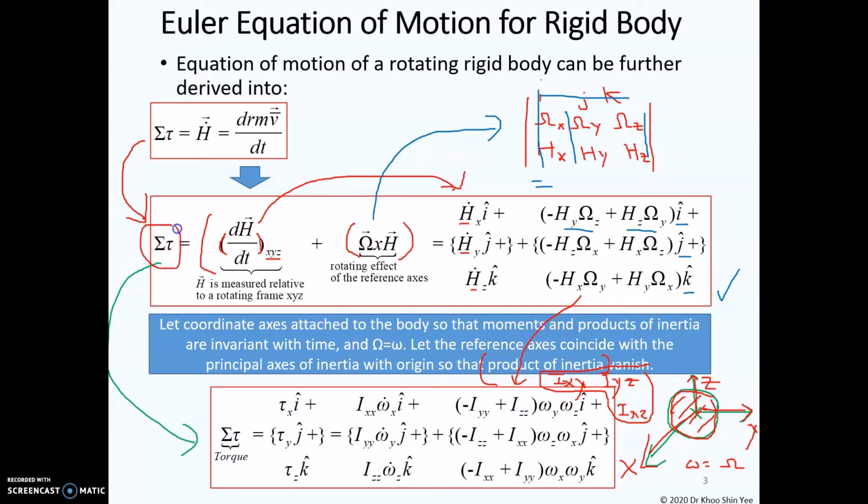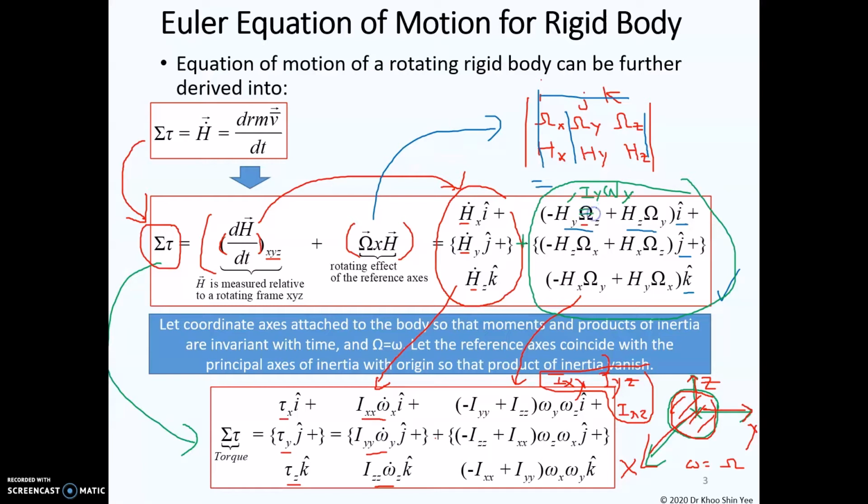For example here, the summation of torque in the three axes x, y, z is equal to the change of the angular momentum, which is I multiplied with the change of angular velocity, which is the angular acceleration in the x, y, z components, plus the rotating effect component, where Hy is equal to Iy omega y.